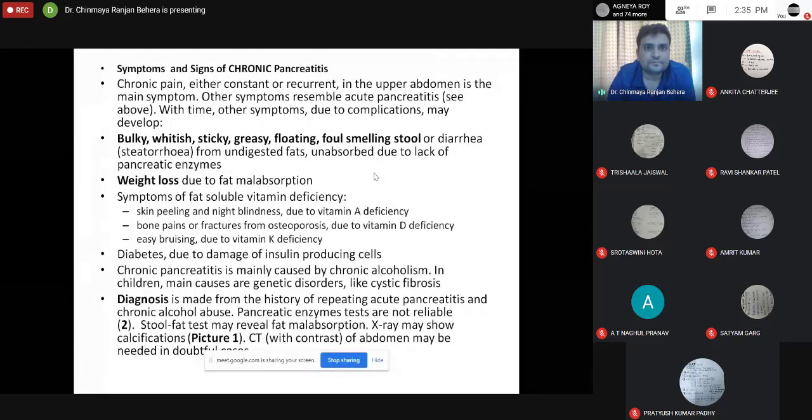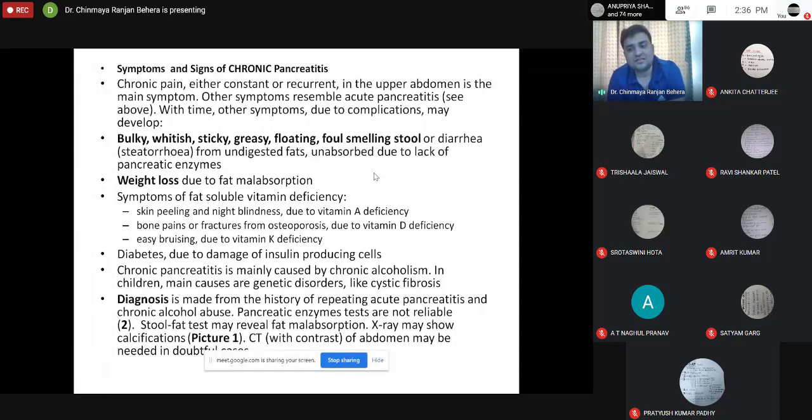And when the endocrine function of the pancreas is involved, then these patients will have diabetes. So these patients will basically present with chronic pain abdomen, steatorrhea, weight loss, then features of vitamin A, D, K deficiency, and diabetes.